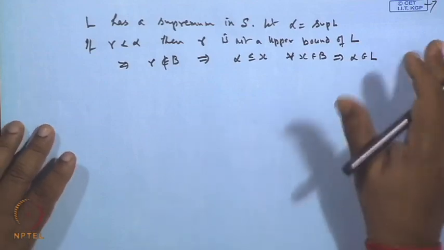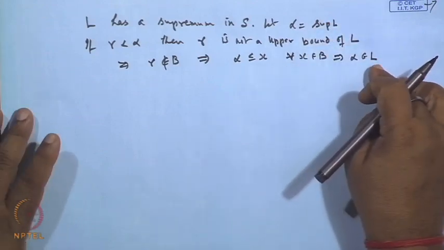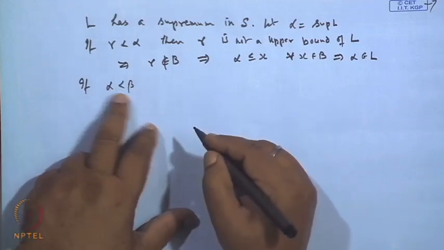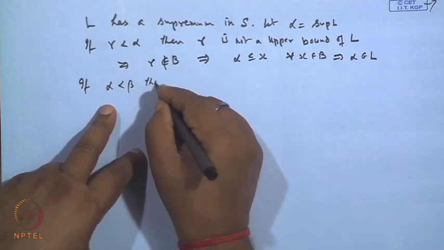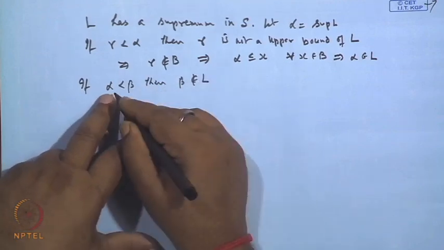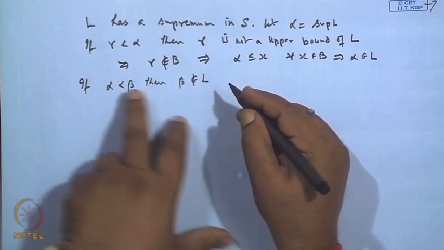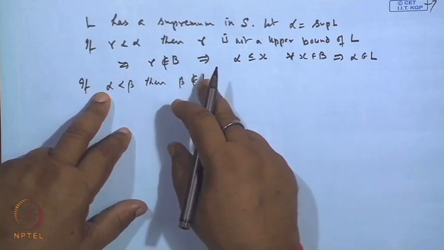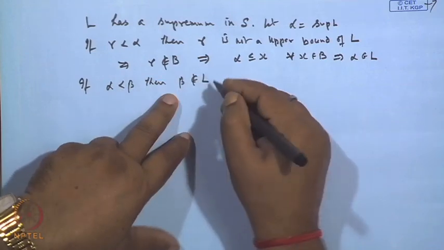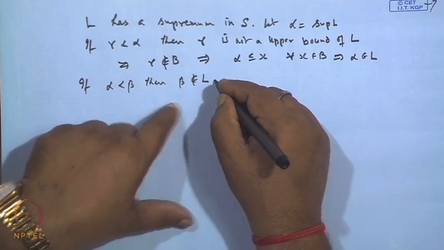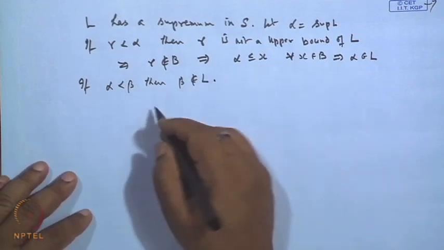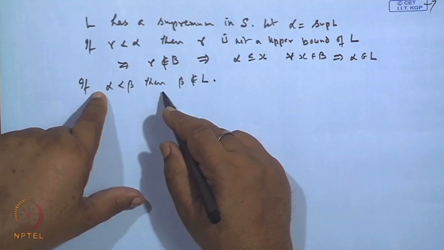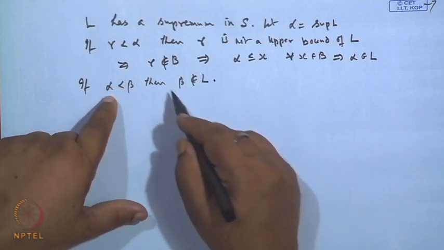That is, the supremum exists and it is in L. Now, any number beta which is greater than alpha cannot be in L, because alpha is the least upper bound and beta is greater than alpha. So, once beta is not in L, then what happens? This beta which is greater than alpha, in other words, alpha will be the infimum value of B, because then beta will be in which?